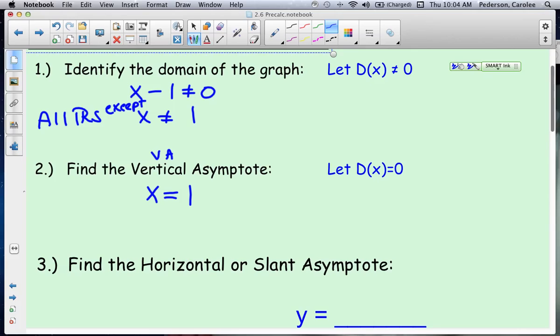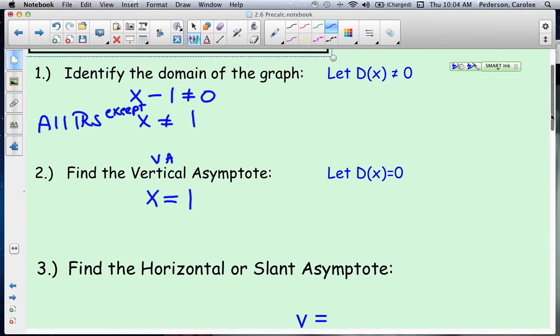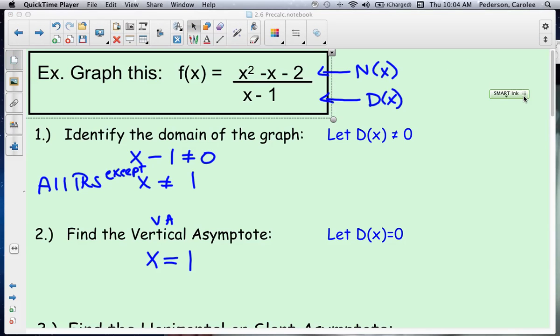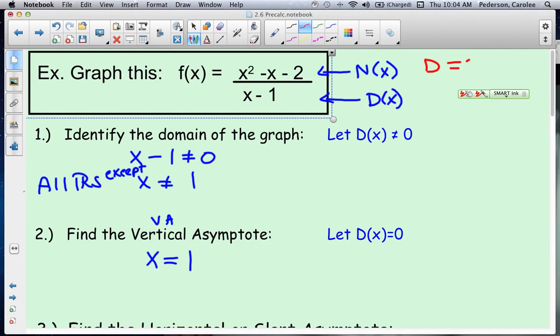Let's go on to HA, horizontal asymptote. Now we're looking at the degrees of the numerator and the denominator. What is the degree of the numerator? The degree of the numerator is 2. The degree of the denominator is 1.